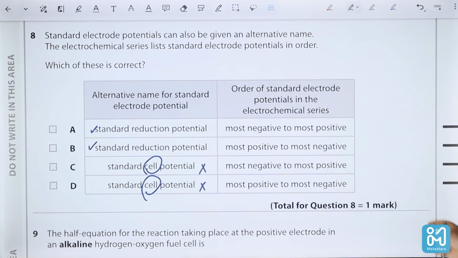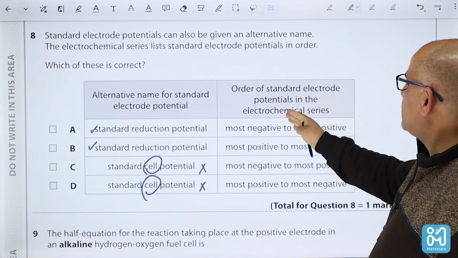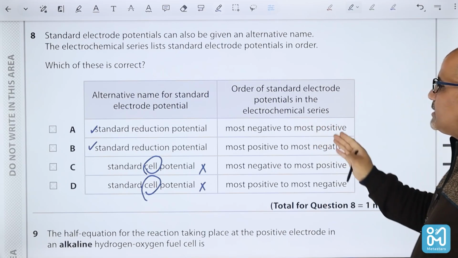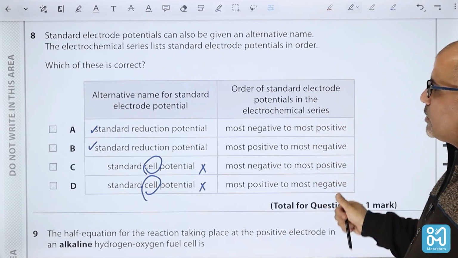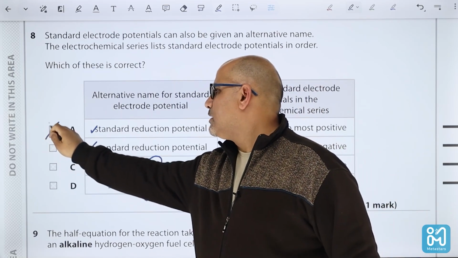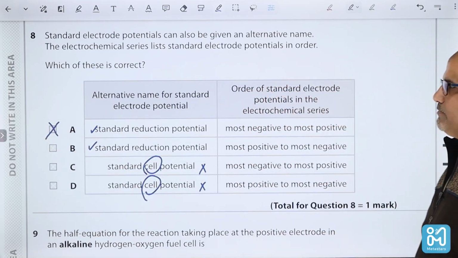Since he is asking you about the standard reduction potential, it is the standard reduction potential that's considered to be 0, which is for hydrogen, and you will see it is from the most negative to the most positive. Since the order of a standard electrode in the electrochemical series is from the most negative to the most positive, that's why it is A.